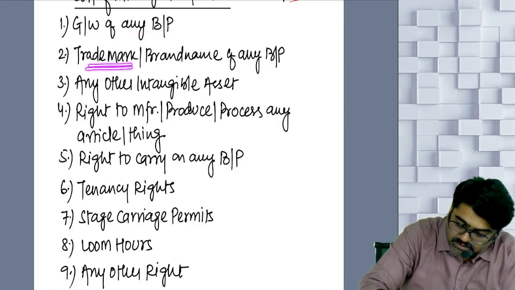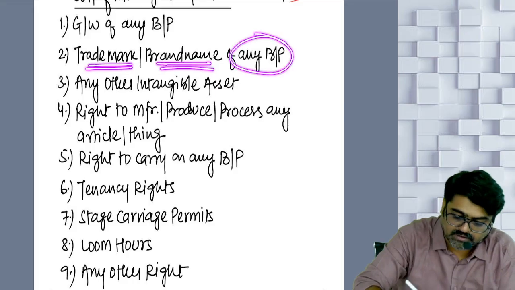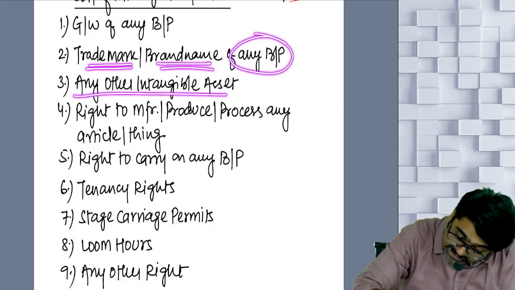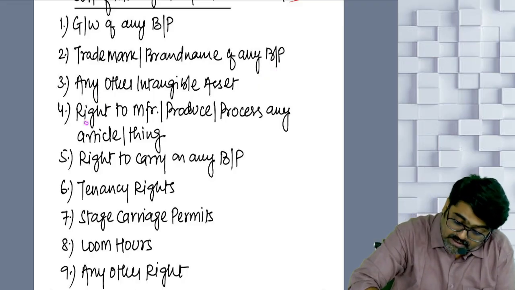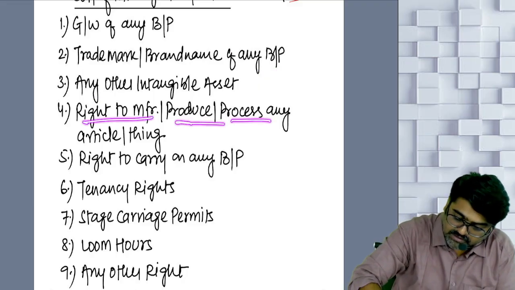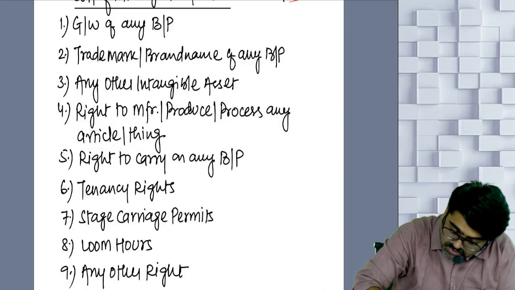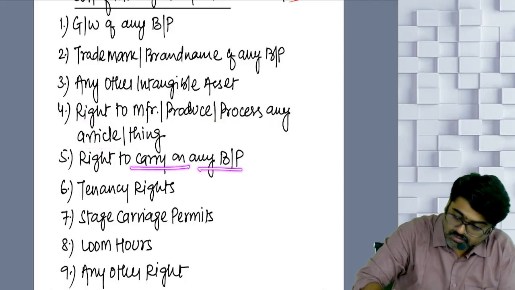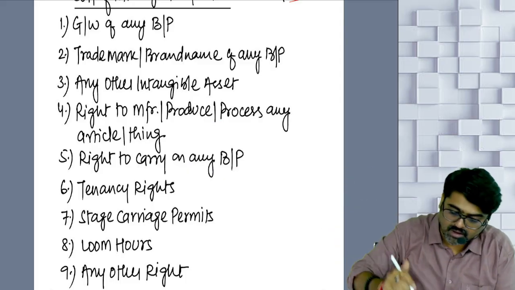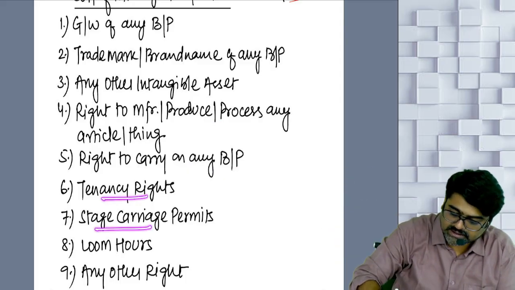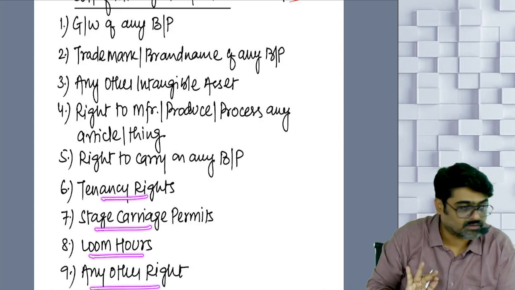Second one is trademark or brand name of any business or profession. Third one is any other intangible asset. Then right to manufacture, produce or process any article or thing. Then right to carry on any business or profession. Then it is tenancy right, stage carriage permit, loom hours, any other assets.